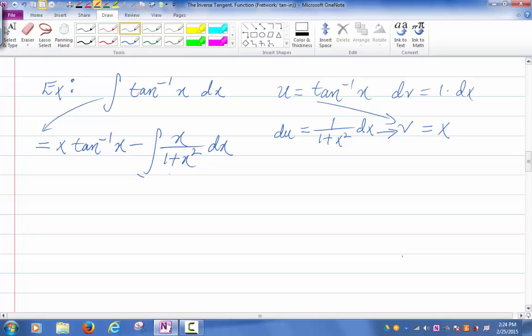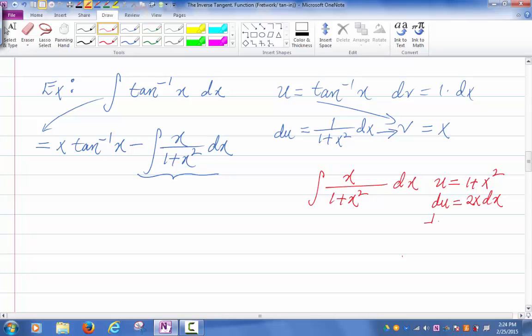So how do I find this integral? Let me do that in red. So I am looking into the integral of x over 1 plus x squared dx, and what I'm suggesting is take u to be 1 plus x squared, that is the denominator, and then du would be 2x dx, which tells you half du is x dx.